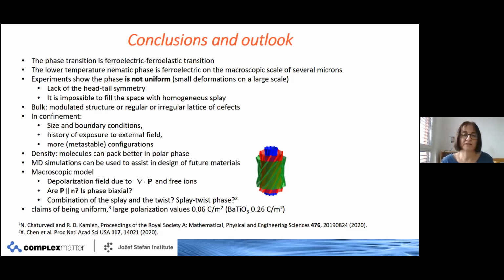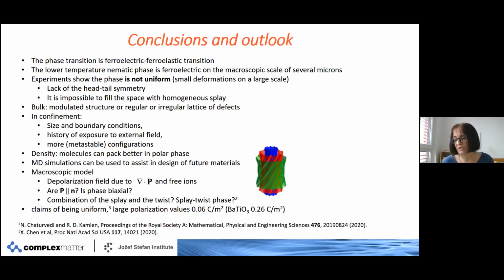While the simple model describes the phase transition very well, it's not sufficient for lower temperatures, partially also because it lacks the depolarization field, which is due, in the bulk, to the divergence of polarization and free ions which screen the field.